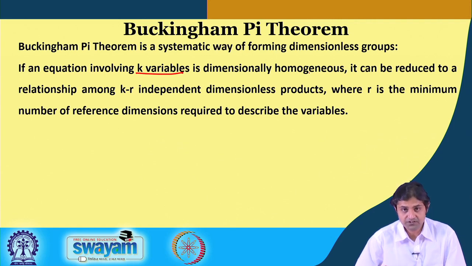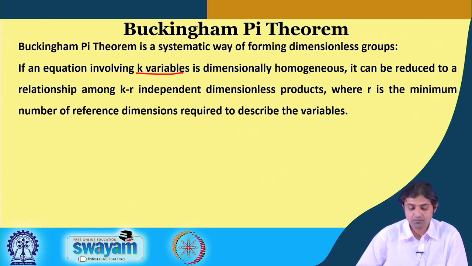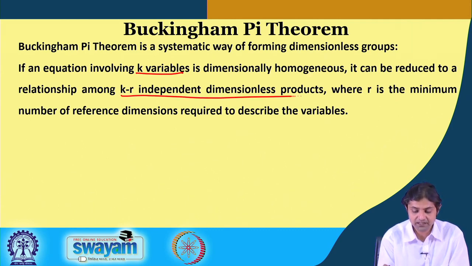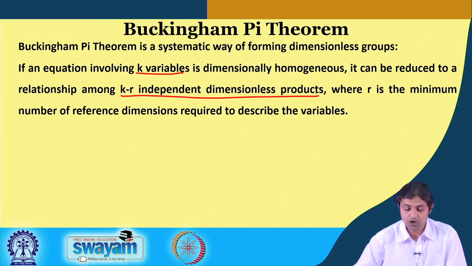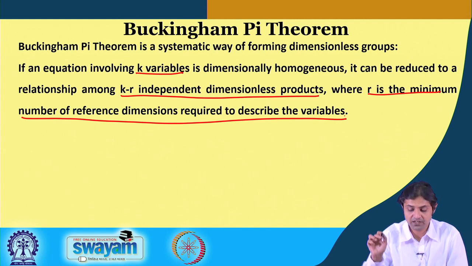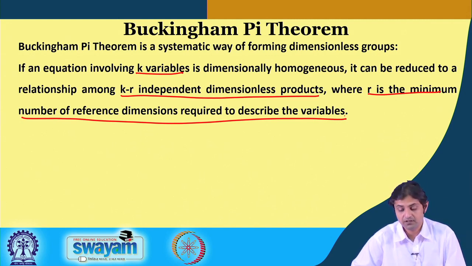So, if there is an equation that consists of k variables, then that equation can be reduced to k minus r independent dimensionless products. Now, what is this r? r is actually the minimum number of reference dimensions required to describe the variables.